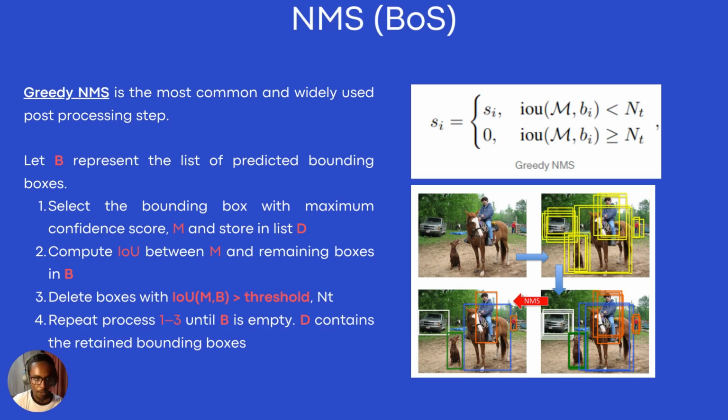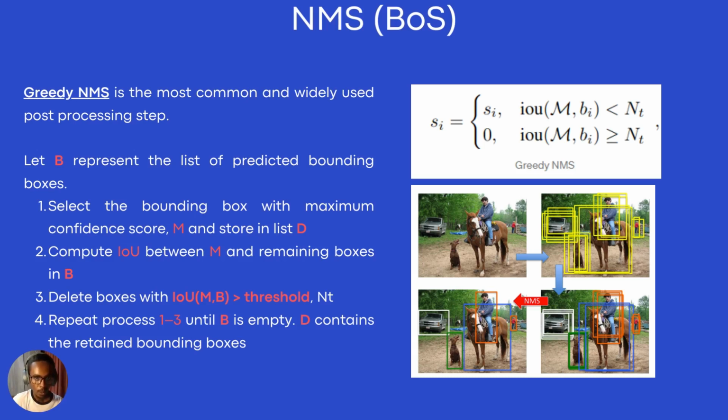If we have a list of bounding boxes in B, we select the bounding box with the maximum confidence score, M, and we store it inside a list D, and we compute the IOU between M and the remaining boxes in B. So we compute the IOU between the box that has the maximum confidence score and the remaining bounding boxes.